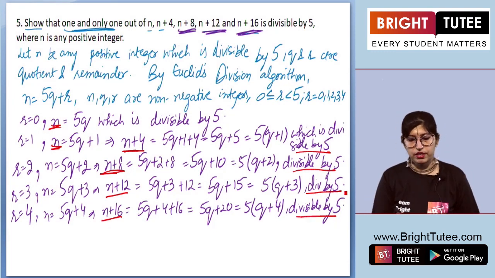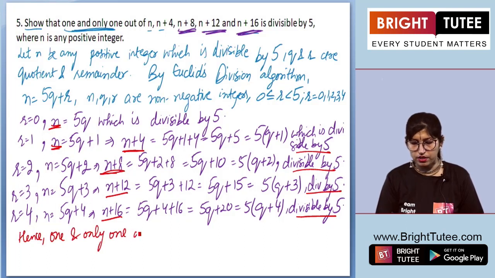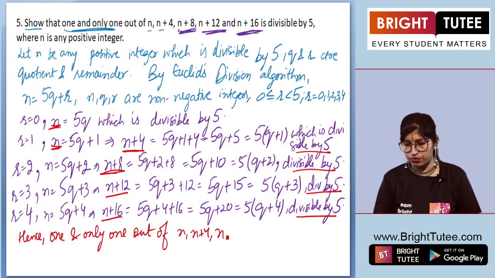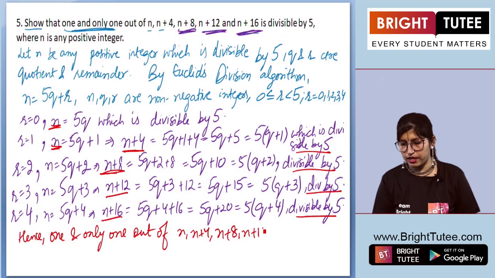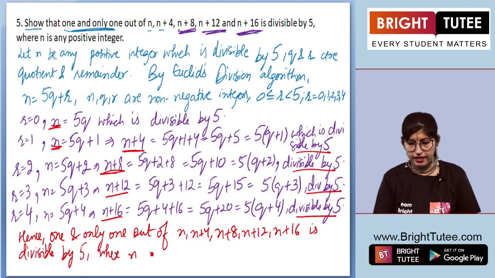So we proved that one and only one out of n plus 4, n plus 8, n plus 12 and n plus 16 is divisible by 5, where n is any positive integer.